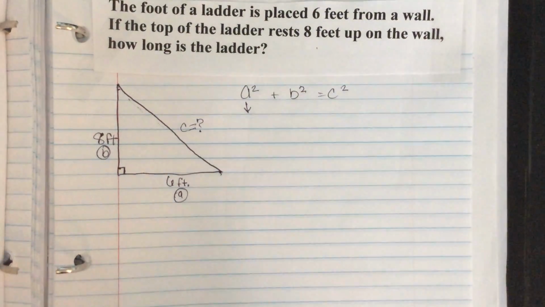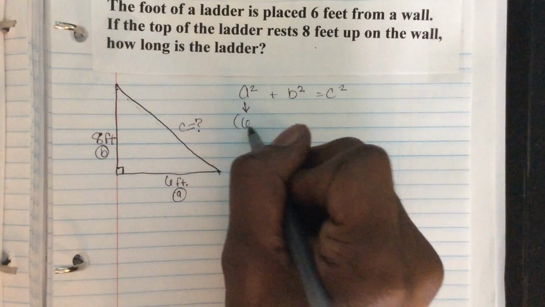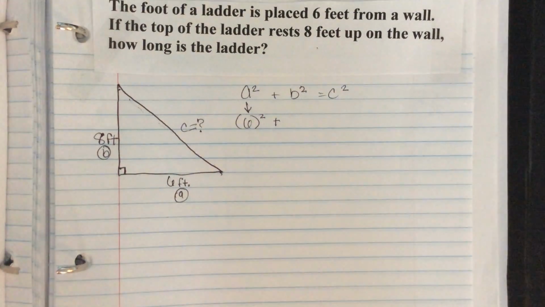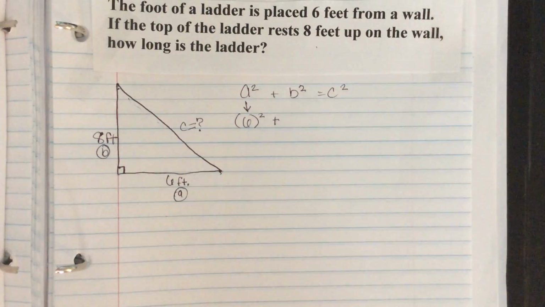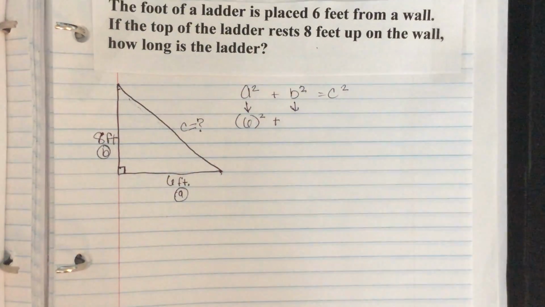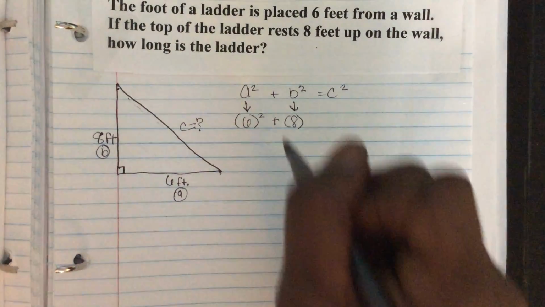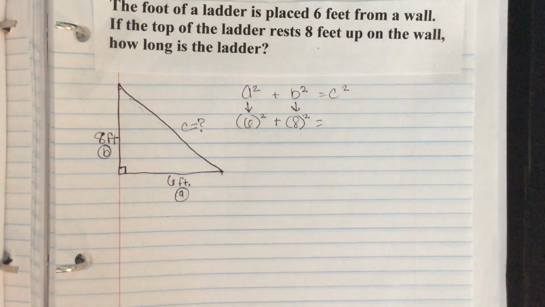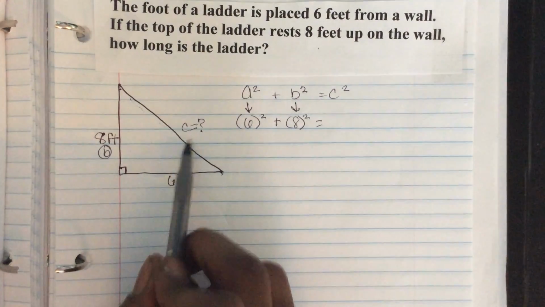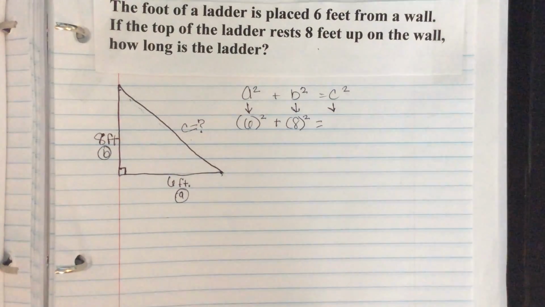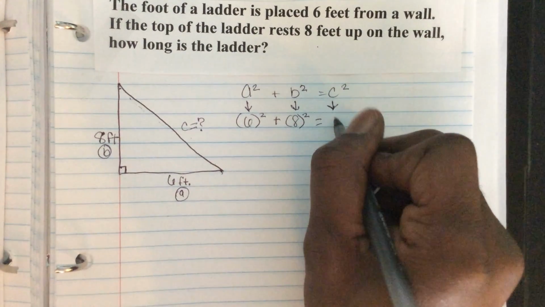I know that A is 6, which is 6 squared. I know that my B is 8, which is 8 squared. And I still don't know my C, so I bring down my C squared.